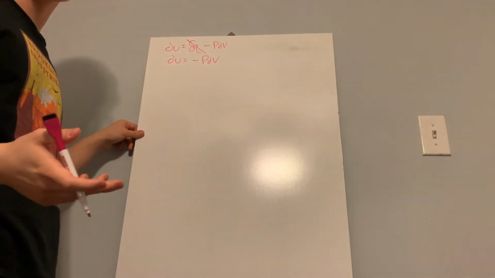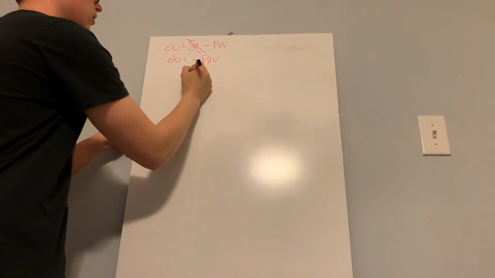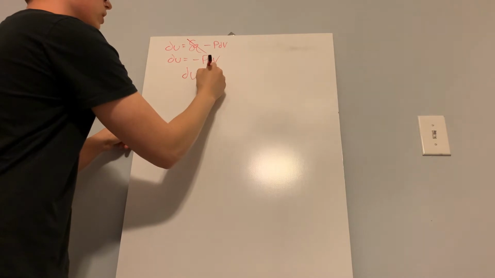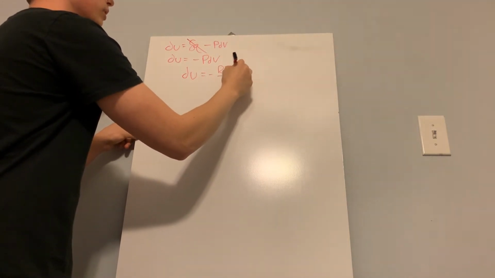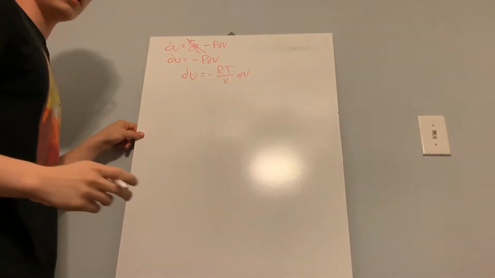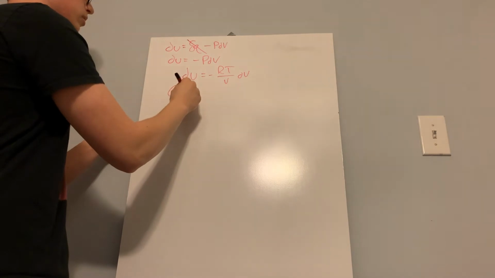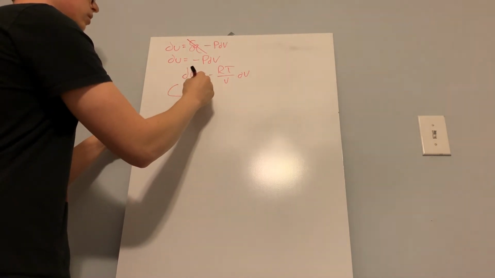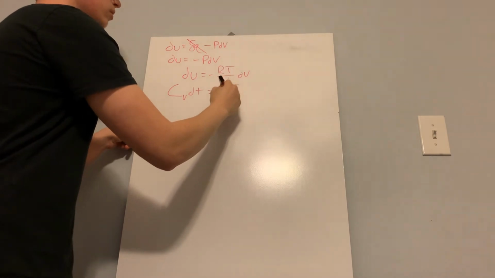Since we're looking for temperature, we're going to get rid of P using the ideal gas law. dU is equal to negative RT over V dV. And using our heat capacity equation, we're going to get rid of dU: Cv dT is equal to negative RT over V dV.